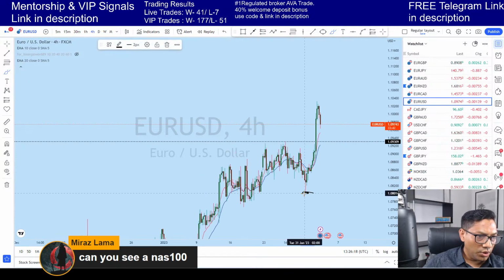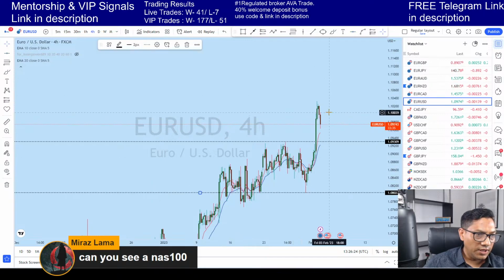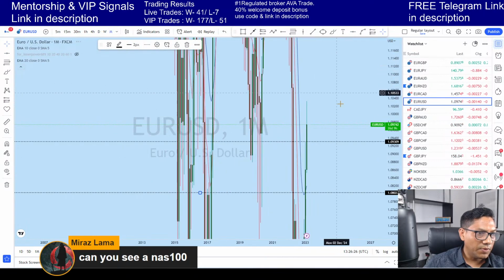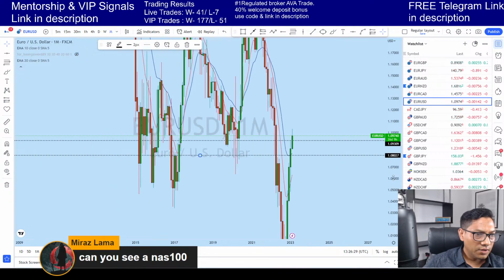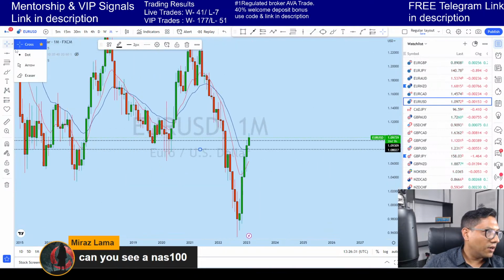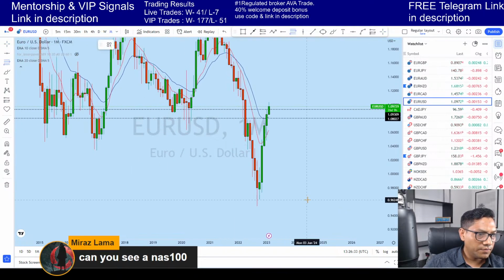There is a huge liquidity gap from here, which created this big impulse to the upside on euro dollar, and now the price is coming down. If you look at the monthly again, let's look at our Fibonacci level on euro dollar.